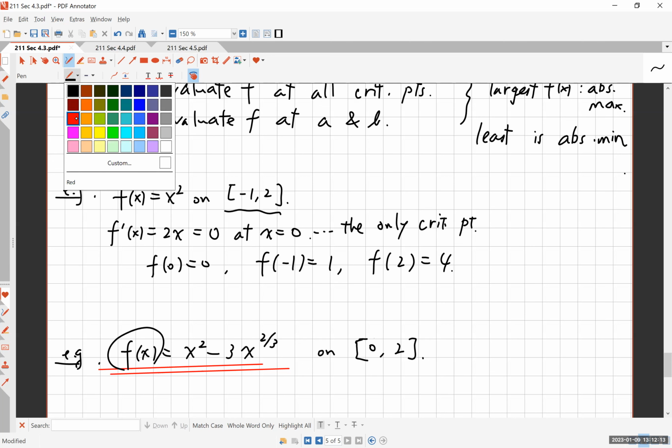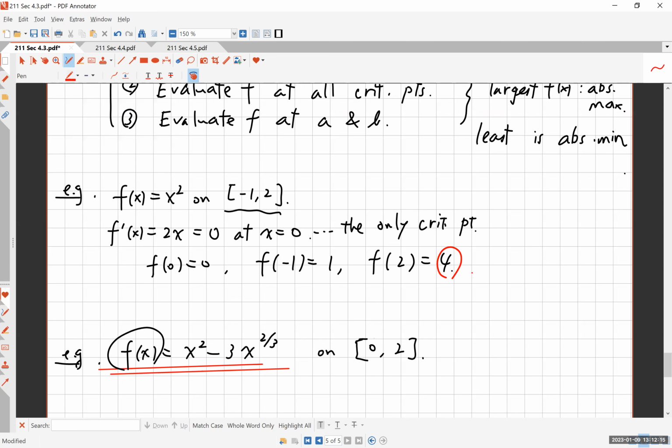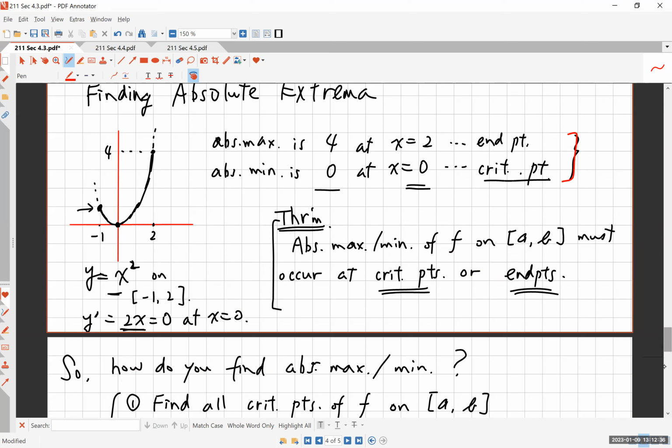That is the highest, the largest. So this is the absolute maximum value of this function on this interval. And this is the absolute minimum value occurring at 0, right, as we predicted. And of course, we knew the answer from the graph. That was obvious, but you can see that this procedure works, right?